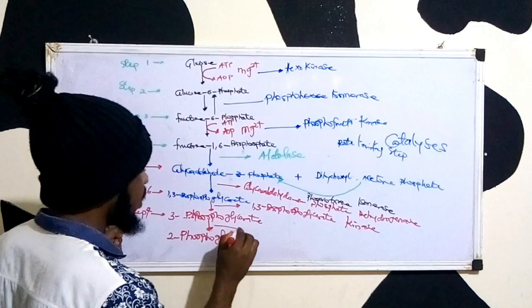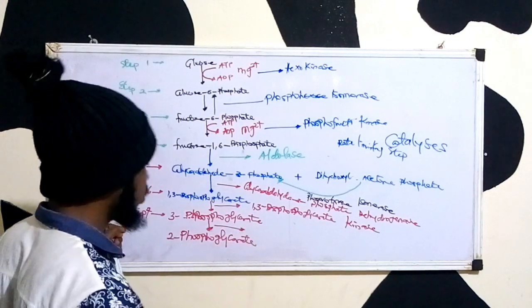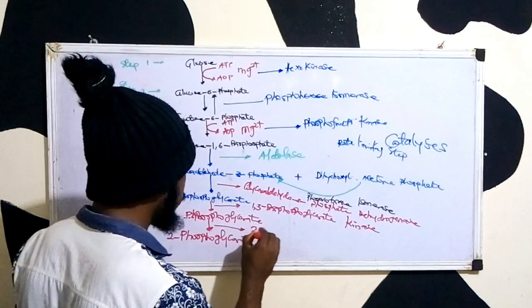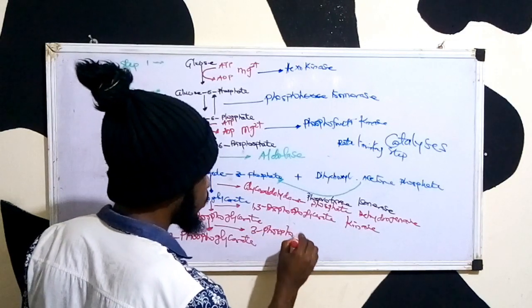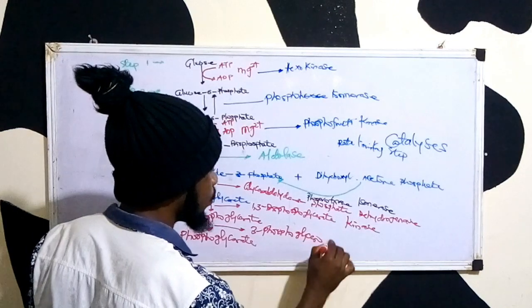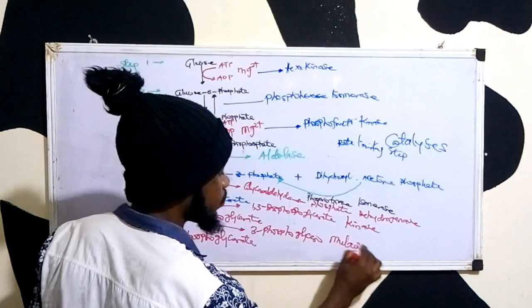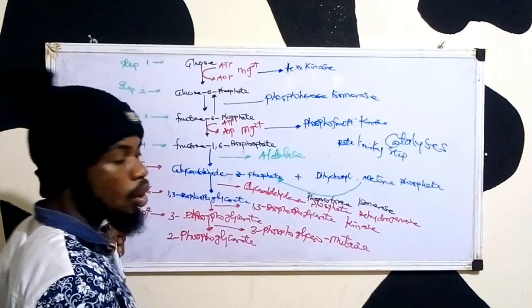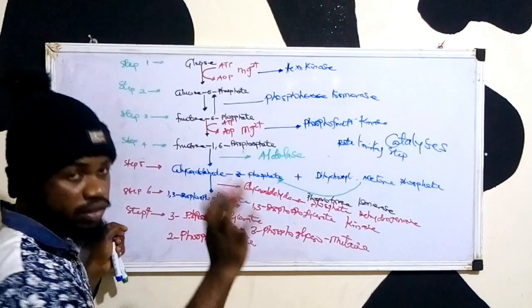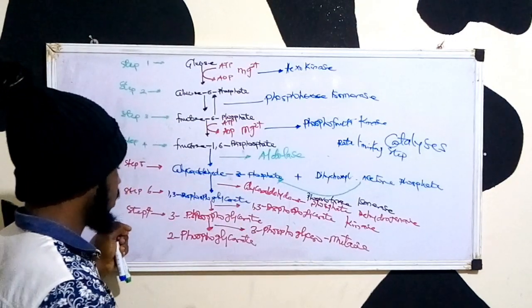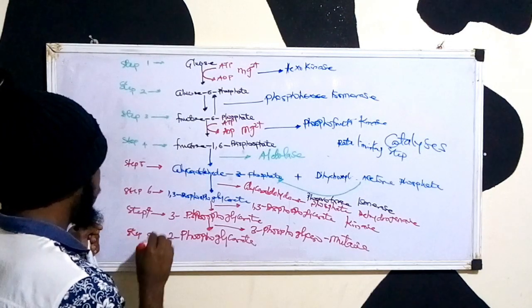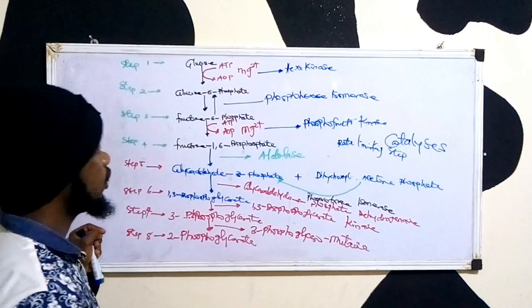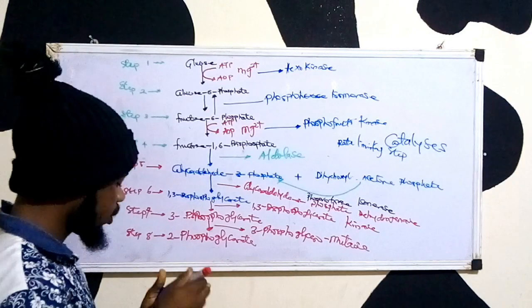The enzyme catalyzing the reaction is 3-phosphoglyceromutase. In most cases, people just call it mutase. Okay, and this is step 8 of the reaction.